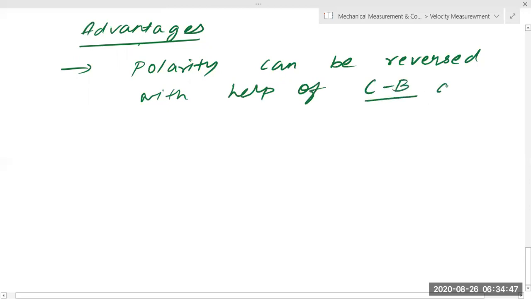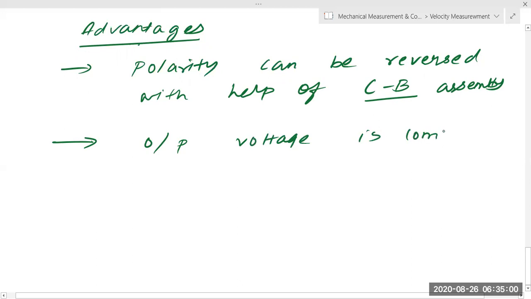You write it as full assembly. Second, output voltage is 10 millivolt per RPM. If there is 1000 RPM, you can directly calibrate the thing. If the speed is only 1 revolution per minute, the PMMC will show 10 millivolt.